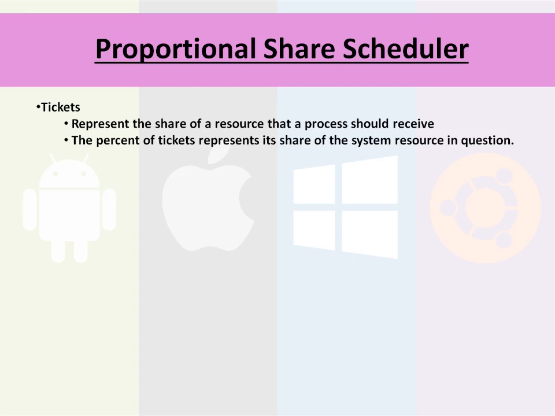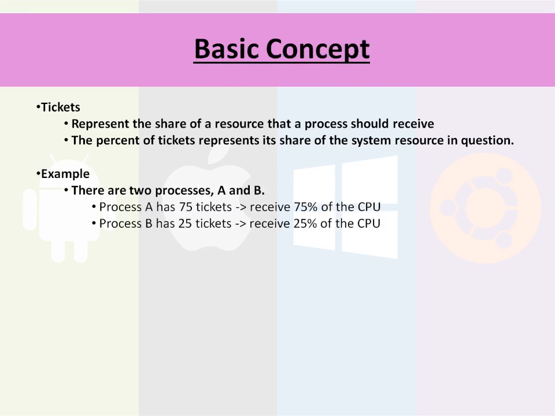That says, I'm going to define this concept called tickets. The tickets represent the share of a resource that a process should receive. The percentage of tickets represents its share of the system resources in question. So what does that really mean?